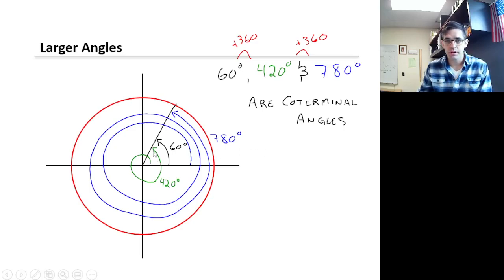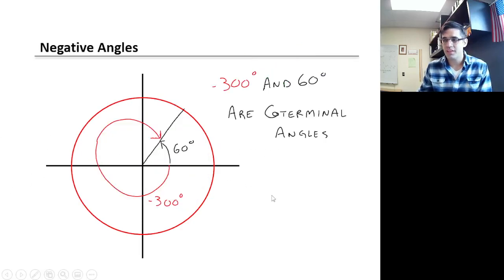So those are angles bigger than 360. What about angles less than 0? With positive angles, we're going in the counterclockwise direction. So with negative angles, we just go backwards, in the negative direction, or the clockwise direction. If I go negative 300 degrees, I'm going to go 300 degrees clockwise. 300 degrees clockwise is 60 degrees away from one full rotation.